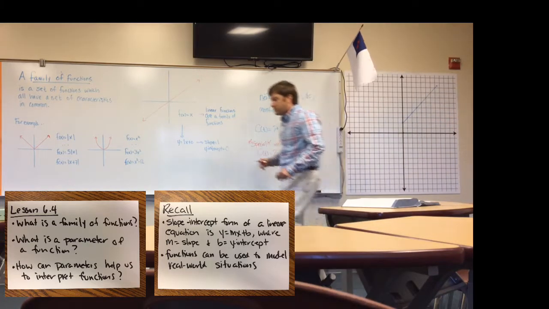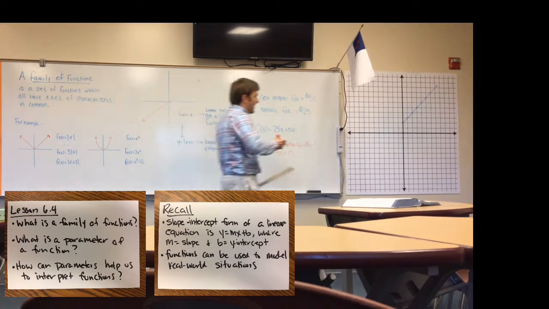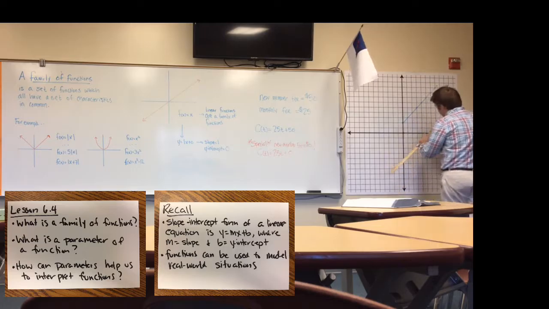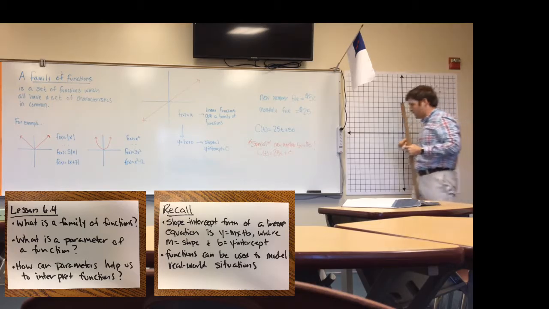I started at y-intercept 0, and I maintained the slope of 25 over 1. That gives me an amended function that looks like this. It's a little bit off, but close.